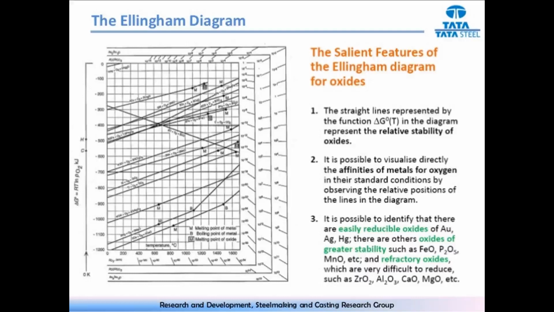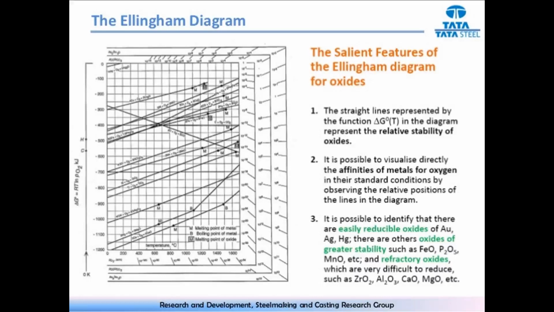The straight lines represented by the function del G naught in the diagram represent the relative stability of oxides. It is possible to visualize directly the affinities of metals for oxygen in their standard conditions.